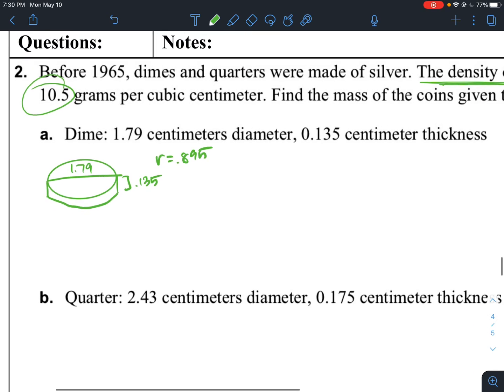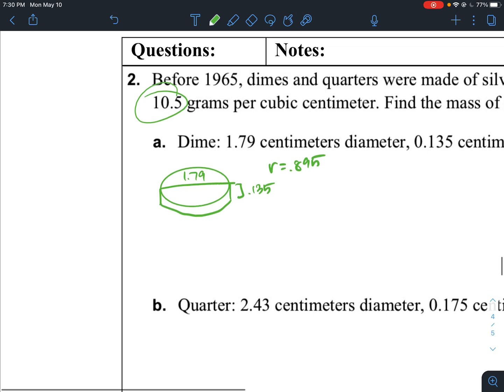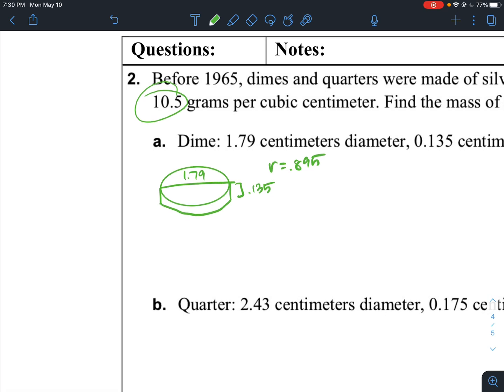So can I find the volume of the object? Remember that this is pretty much a cylinder right here. It's just not thick and it's very small. So the volume of this would not be 2 pi r squared, it would just be pi r squared times the height.